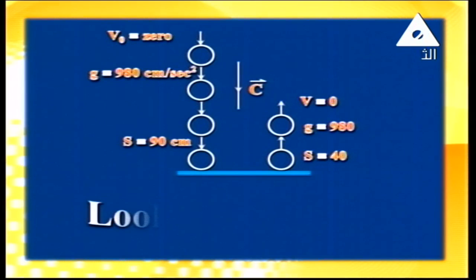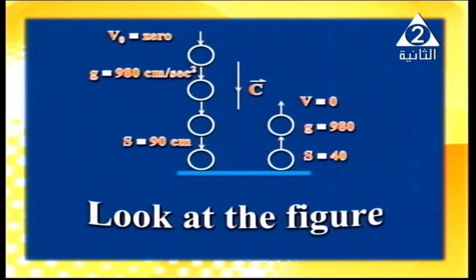This figure represents the rubber ball dropping down. V naught equals 0, g gravity is 980 centimeter per second square, and the distance equals 90 centimeter. After that, look at the unit vector of motion downward and rebound with s equals 40, g equals 980, but v final equals 0.